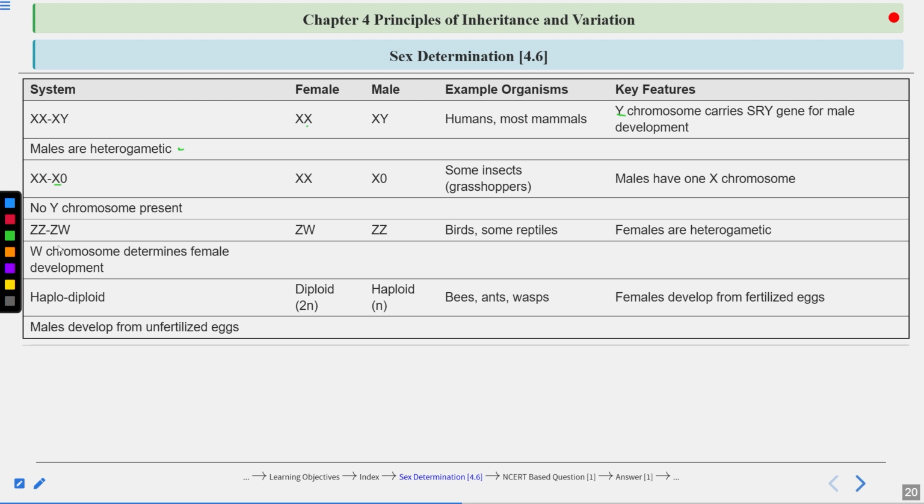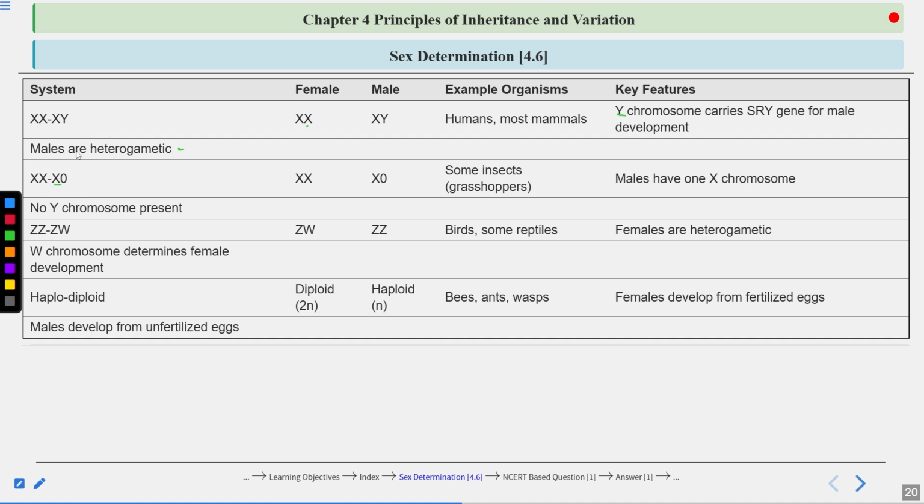Then we talked about the ZZ and ZW system. Here the W chromosome determines the female development. Here the sex of the chick is determined by the female instead of the male.